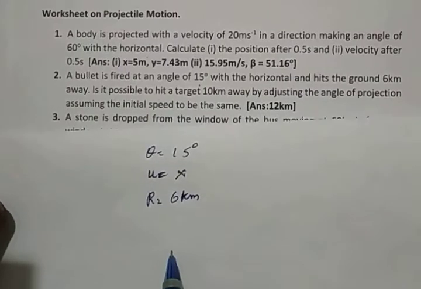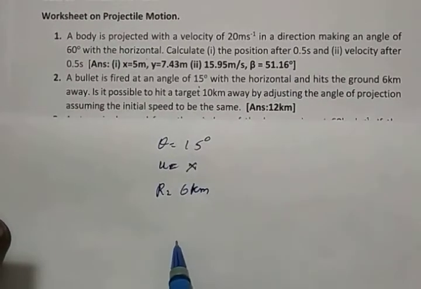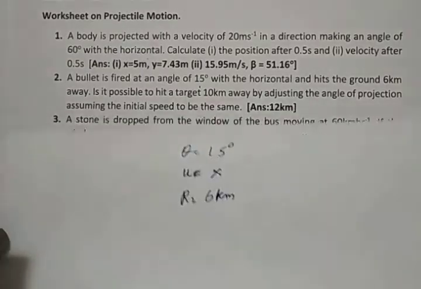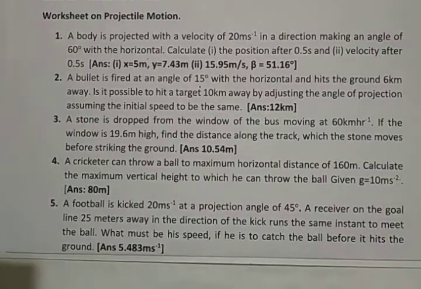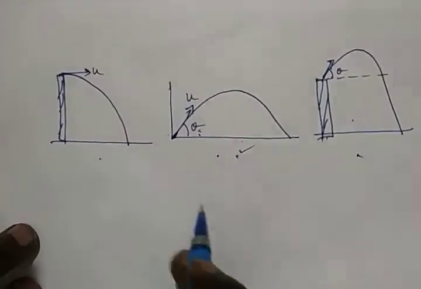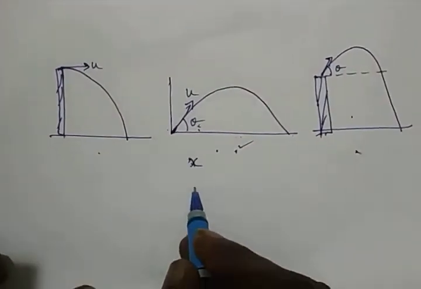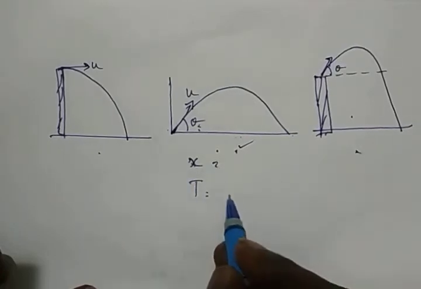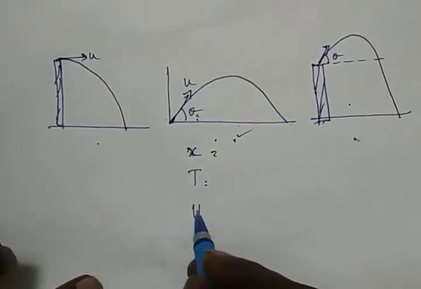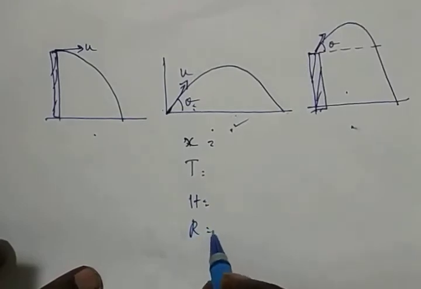So you should know the formulas of all the 4 parameters involved in this particular relationship. There are 4 parameters here: path of a projectile, that is x, and then time of flight, and then maximum height, and then range.